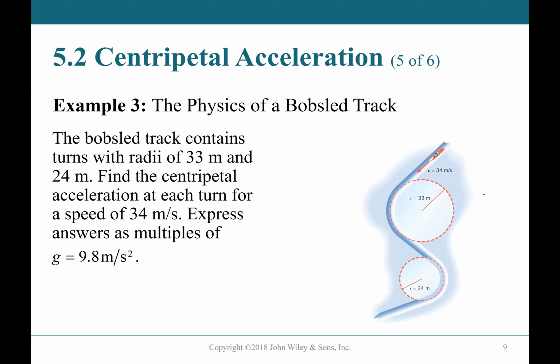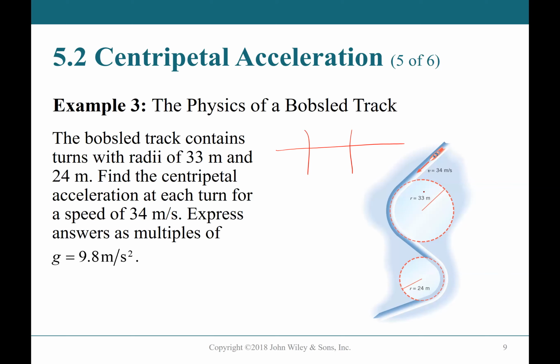Okay, the physics of a bobsled track. The bobsled track contains turns with radii 33 meters and 24 meters. Find the centripetal acceleration at each turn for a speed of 34 meters per second. So again, as always, these problems are solved by using the given.